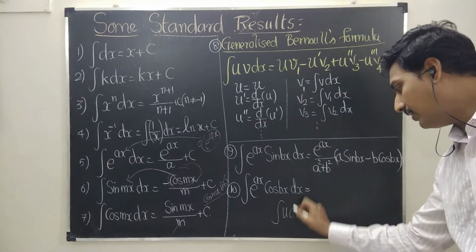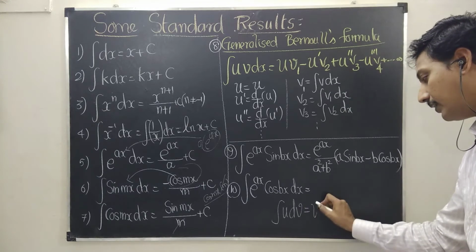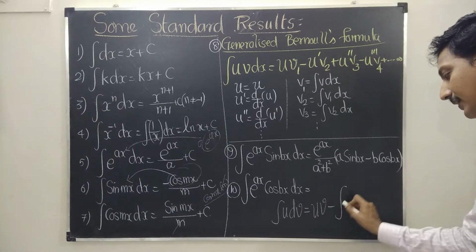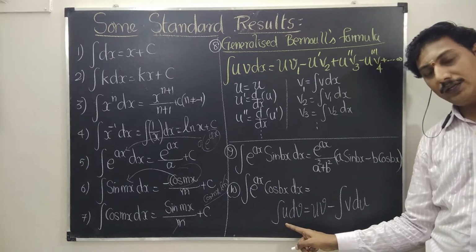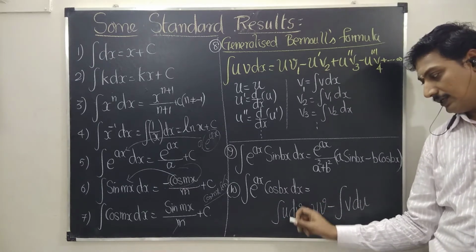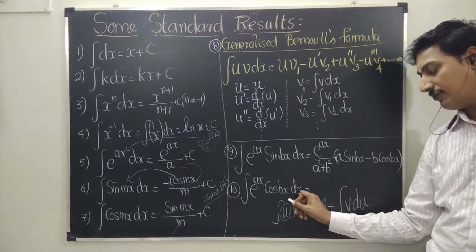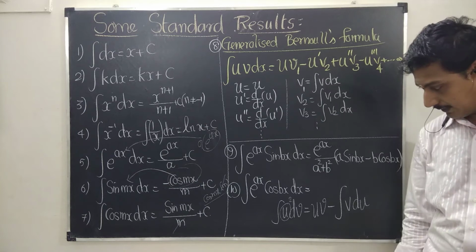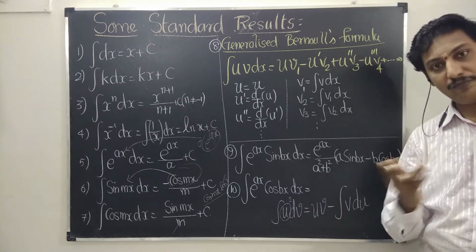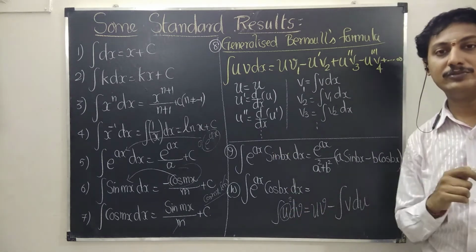Integral u dv is uv minus integral v du. U is the polynomial function. Suppose the polynomial is of degree 2, then we apply the same formula twice. Suppose it is power 3, we extend the same for 3 times.